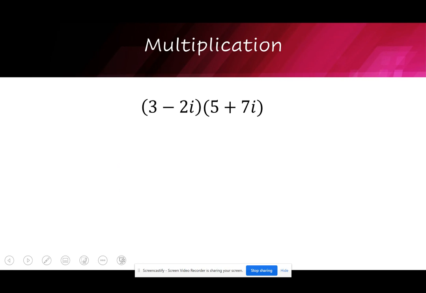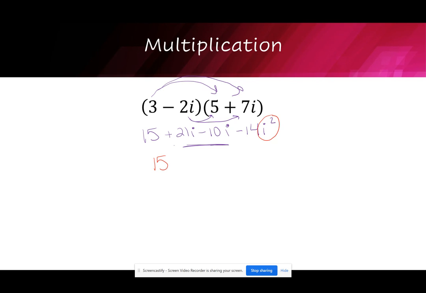For multiplication, we're going to just FOIL this. 3 times 5 is 15. 3 times 7i is plus 21i. Negative 2i times 5 is negative 10i. And negative 2i times 7i is negative 14i squared. So now we're going to combine these like terms and change that i squared to negative 1.